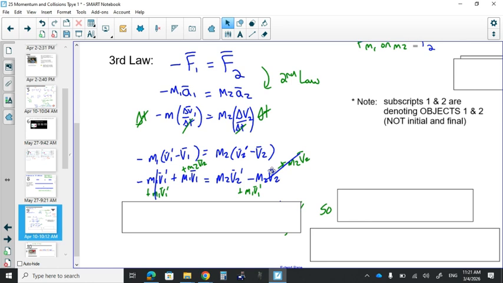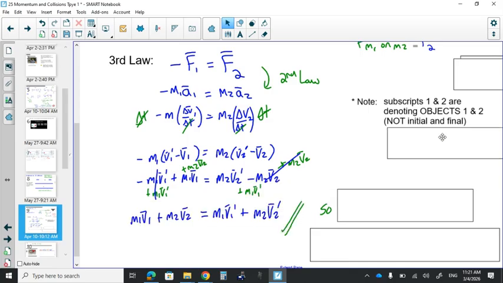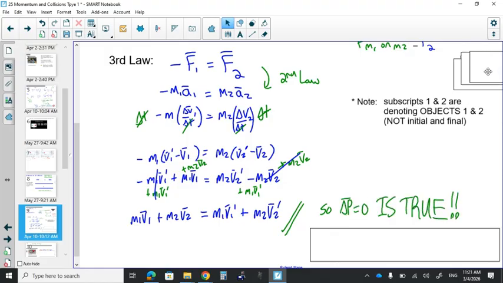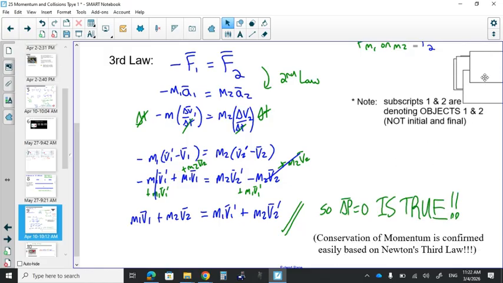So add m2 v2 to both sides and add m1 v1 prime to both sides, and it becomes the equation we've already seen: m1 v1 plus m2 v2 equals m1 v1 prime plus m2 v2 prime. Right, so yes, conservation of momentum is true. It's a consequence of Newton's third law, or at least was shown here using Newton's third law.